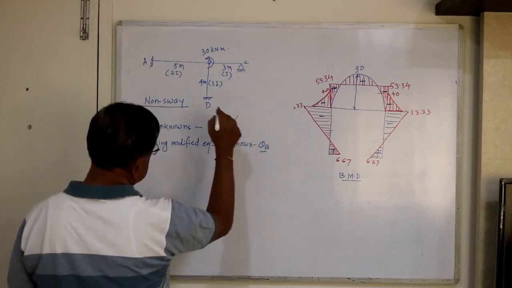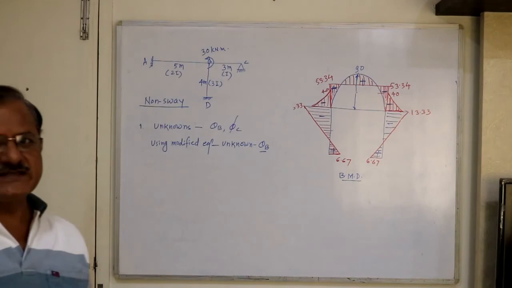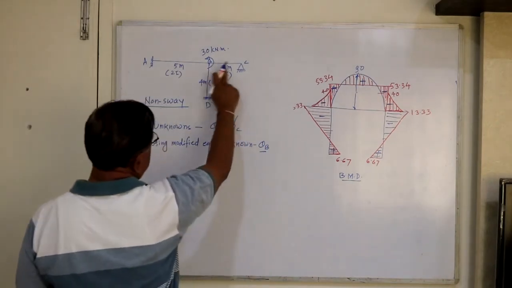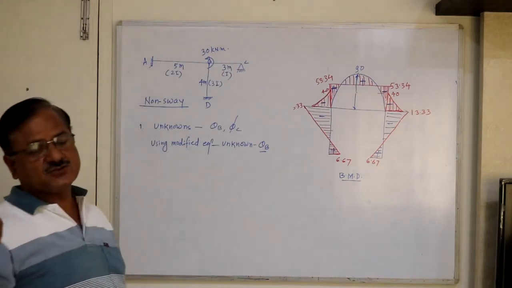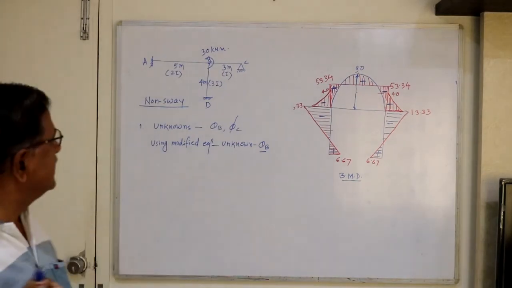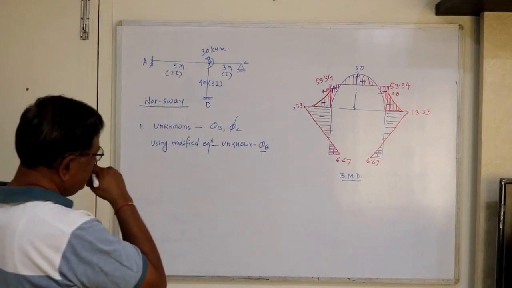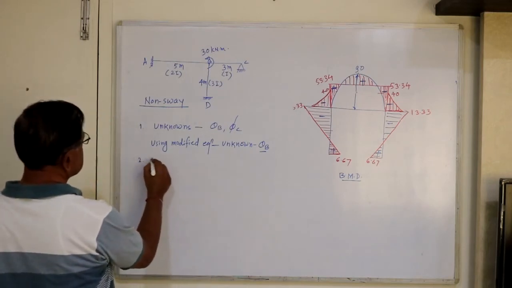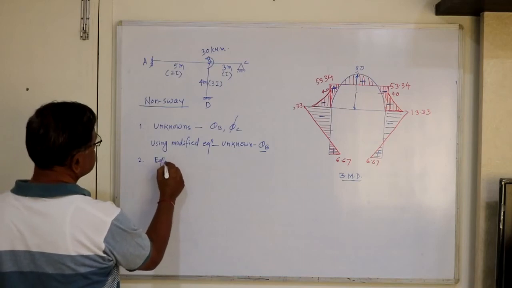So we can eliminate theta C by using the modified slope deflection equation for BC, written for member BC at end B. Only one unknown means one equation is required. Let's write down the equation.